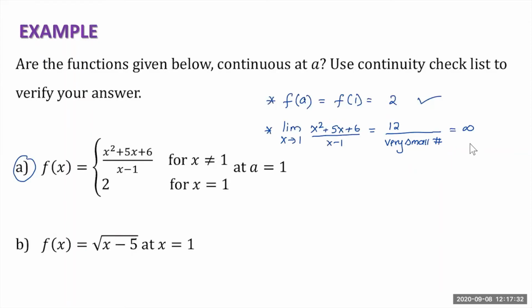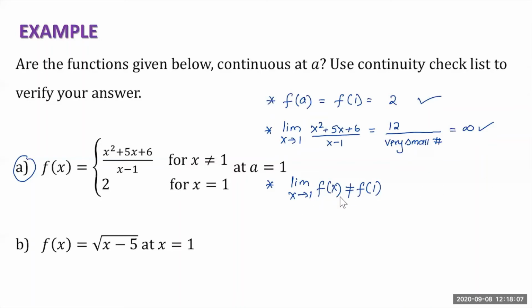Now you can see the first condition is true, the function is well defined. The second condition is true because we are able to find the limit. But if you look at the third condition, the value of the limit and the value of the function at 1 are not equal. All three conditions must be true, and this is not true.